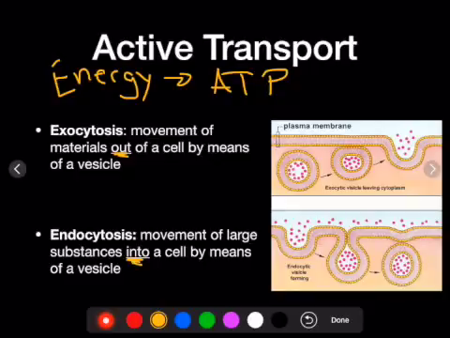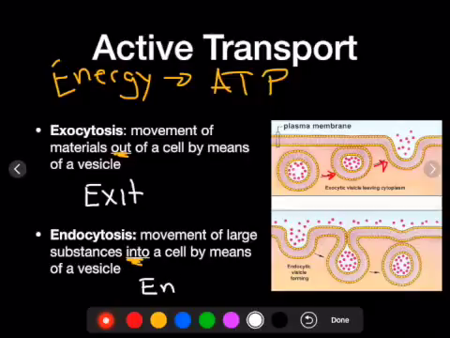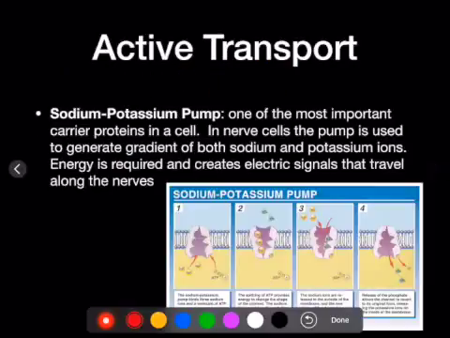Now, how I always do this is exocytosis sounds like exit. So the molecules are, in this case, leaving the cell, okay? Endocytosis, it sounds like enter, okay? So the molecules are entering into the cell via vesicles. And again, vesicles are like the vehicle of the cell, transports things from place to place.